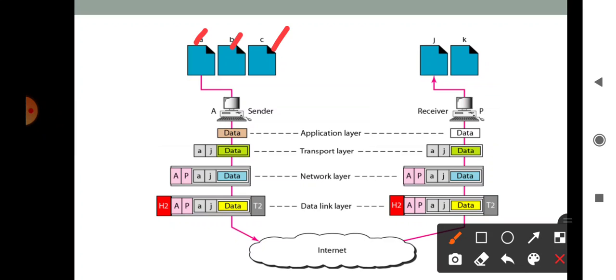These packets are then given to the network layer, which adds logical addresses, here A as the sender and P as the receiver. And the data link layer adds the physical address of the next hop. Although physical addresses change from hop to hop, the logical and port addresses remain the same.